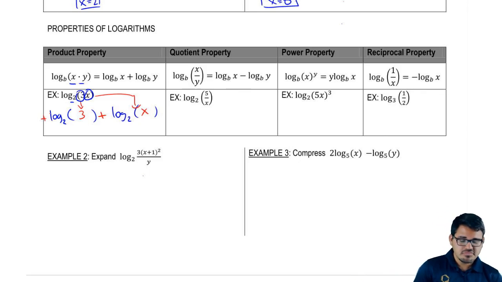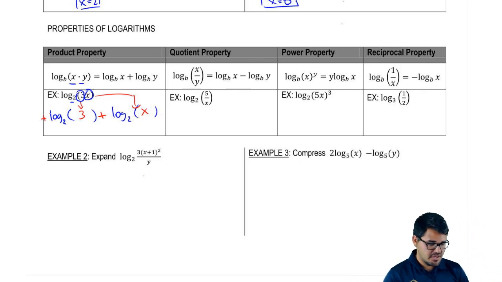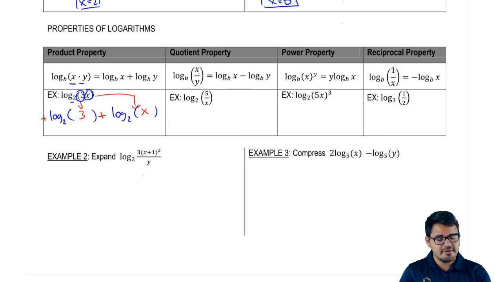So let's move on now to subtraction. When things are dividing, they're going to subtract. And that is the same thing we have with exponents. Whenever it's dividing, things subtract. So here they each get their independent log, just like for addition and multiplication, but they're going to subtract now.